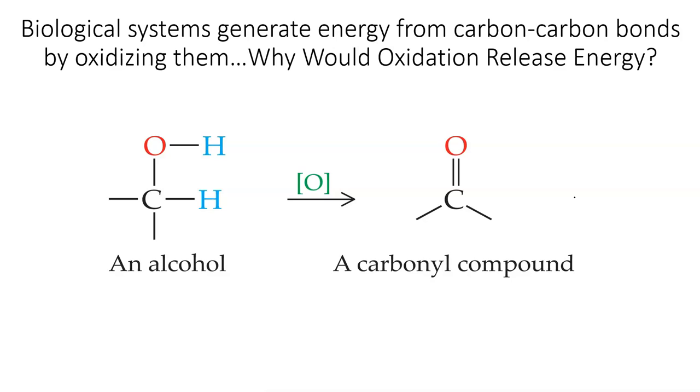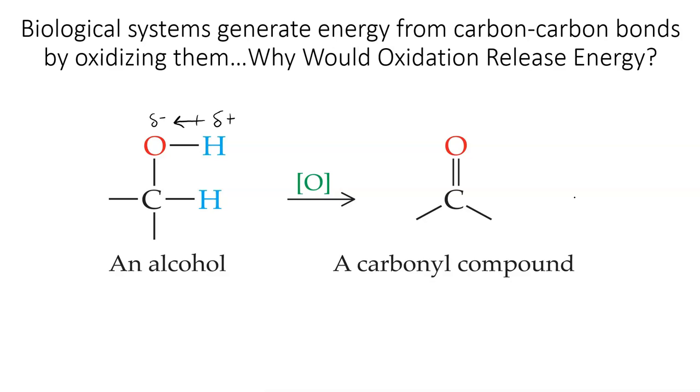Now that we can see what's happening, why do you think that oxidation would release energy? What is happening here? What's the difference in these two chemical structures that would allow that to happen? Well, we can understand this by looking at electronegativity. Between oxygen and hydrogen, the hydrogen is going to lose some of its electron density, and it's going to get pulled towards the oxygen.